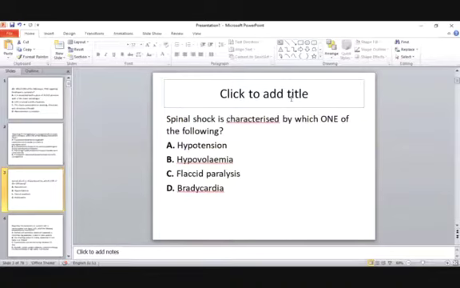In addition, in neurogenic shock you can get hypothermia because of the vasodilatation, and because of that there can be lots of heat loss from the body. Is that clear?